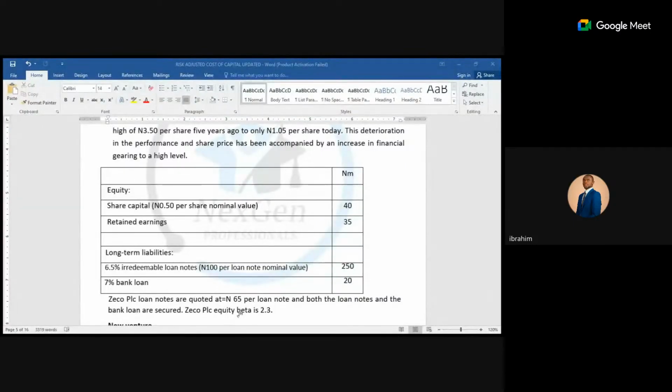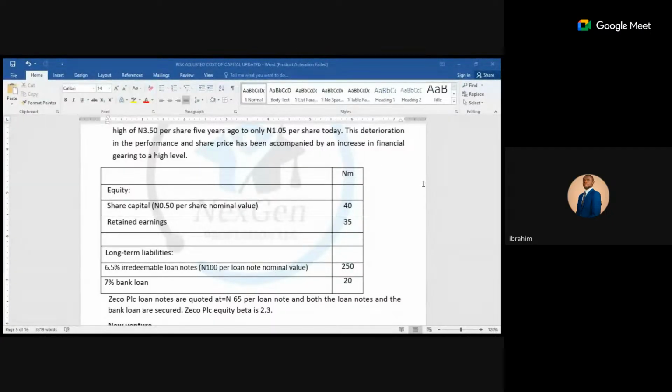Now you have to determine the value. So you'll be looking for two things: either it will come in the form of that percentage, or you have to determine the value. Please take notes. Now, that will be the value of equity.